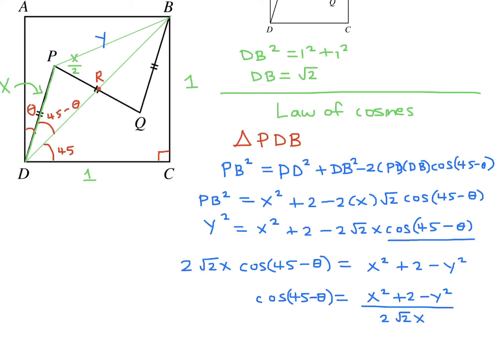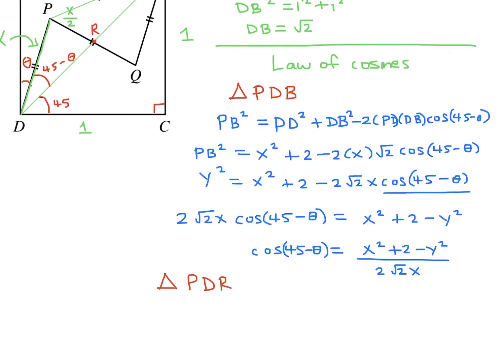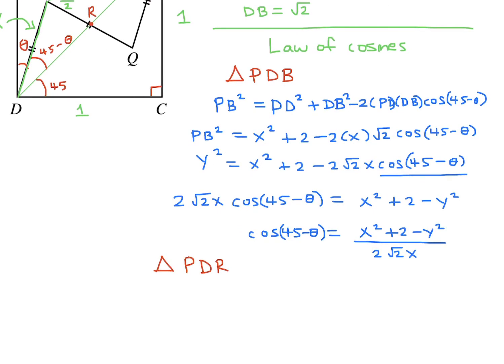To get the next relationship, I'm going to use triangle PDR. So where's PDR? P is there, D is there, R is there. So that triangle right in there. So here we go. Let me just get in the relationship and then I'll move it all the way up.